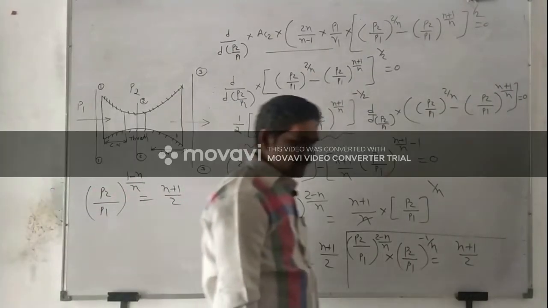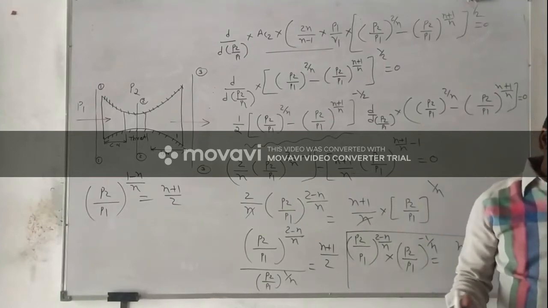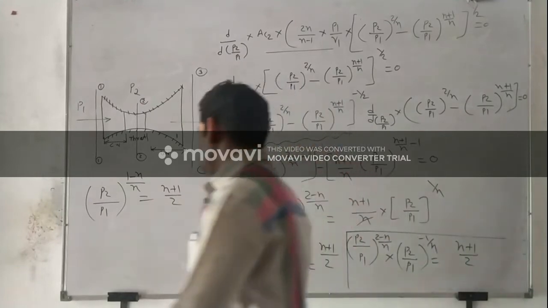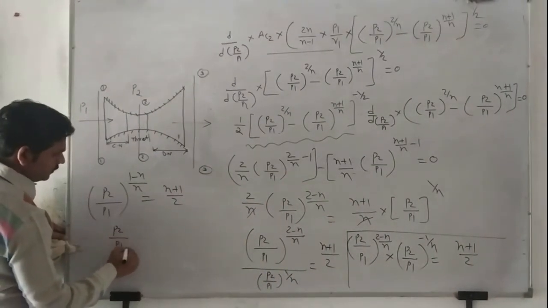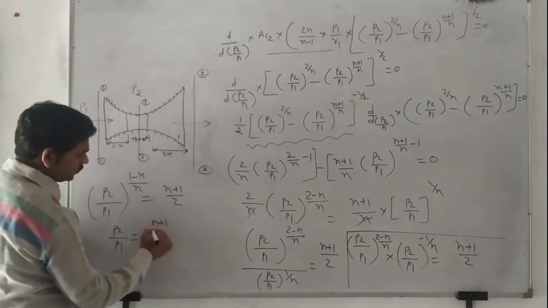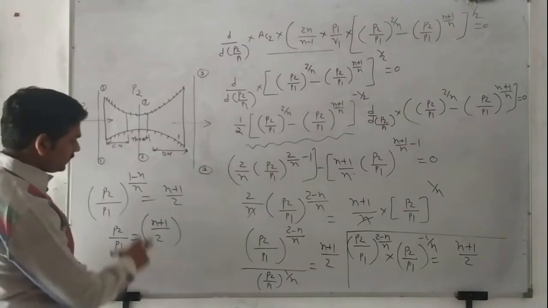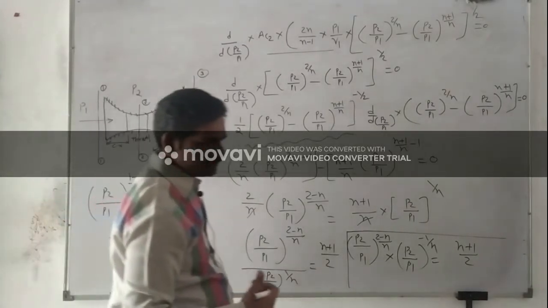Yes or no? Yes. So finally, if you write down P2 upon P1, what will the change be there? Correct. P2 upon P1 is equal to n plus 2 upon 2. You shifted this term there. After shifting, what is here?